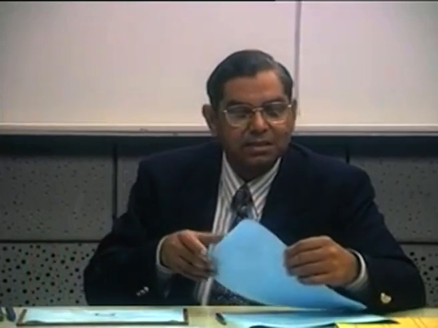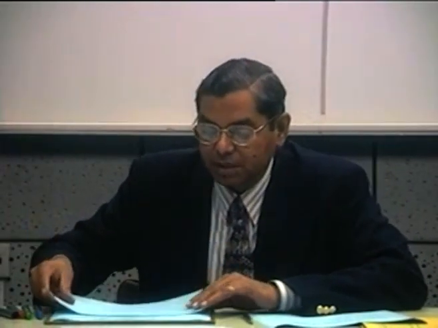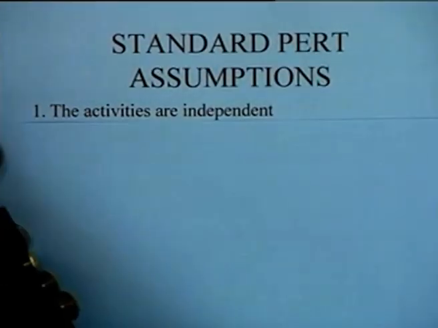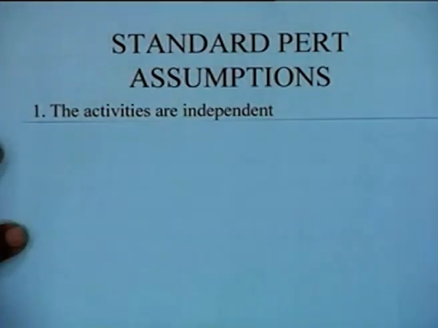So we will now try to do an evaluation of PERT. First thing is, let's see what the assumptions are that are made in PERT. It's very important to understand these assumptions if you want to do any serious work on trying to refine or improve the basic PERT procedure.